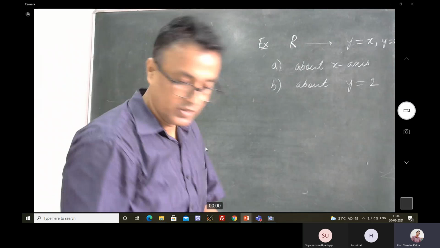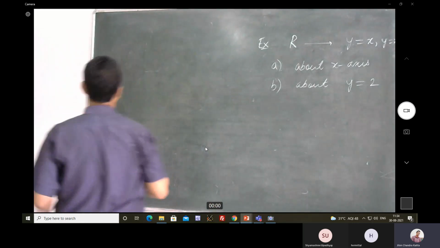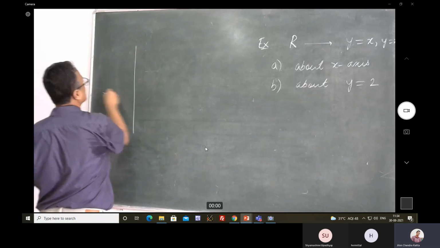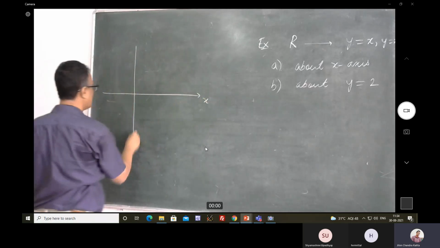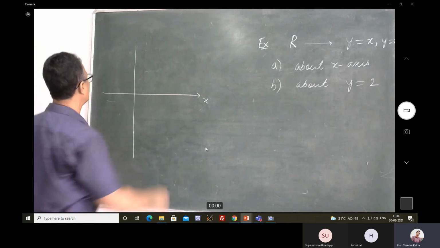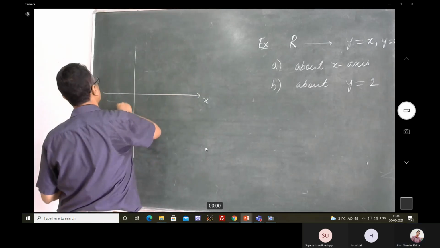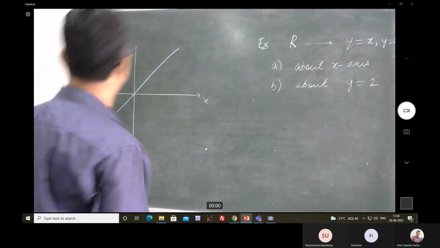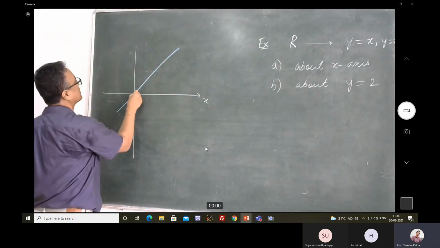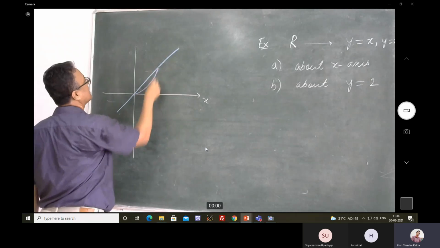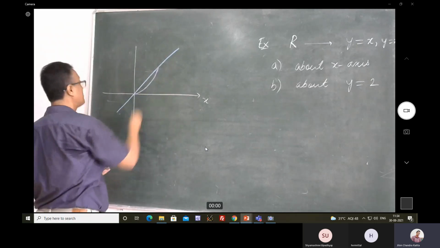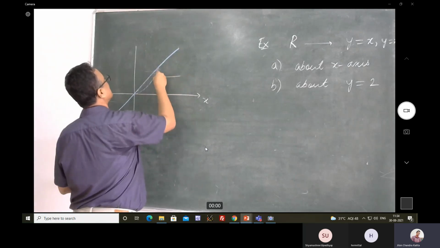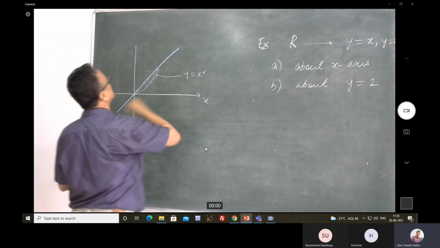Okay, fine. So I'll show you a better picture of this. So this is my x-axis. Now this is the line y equal to x, and this is your parabola, y equal to x squared.